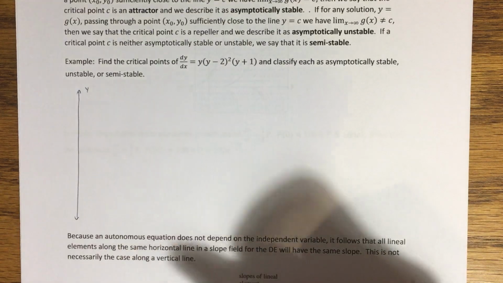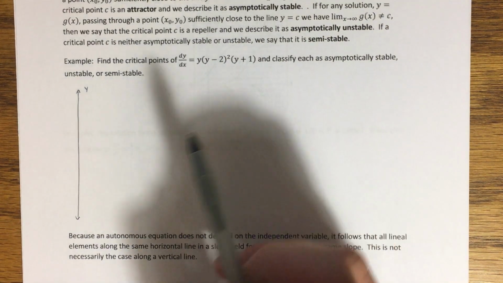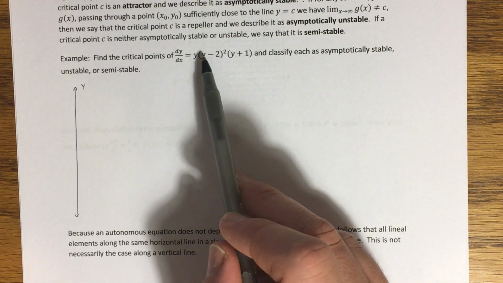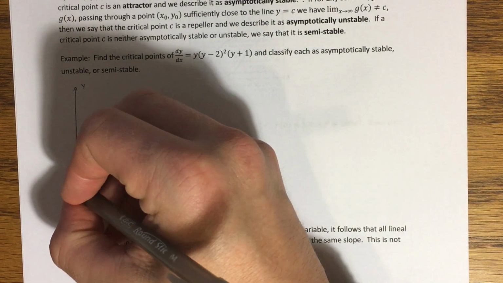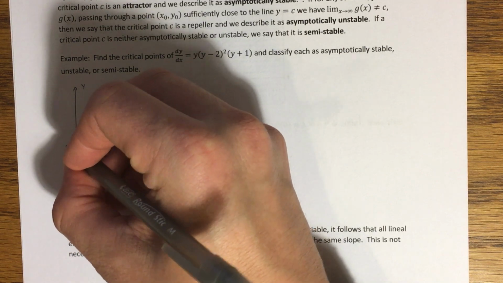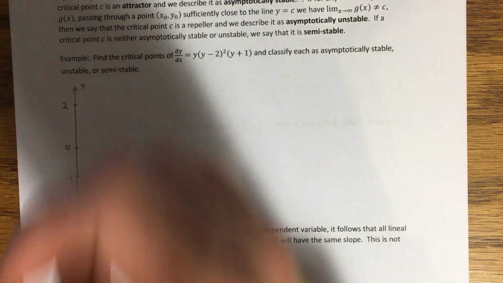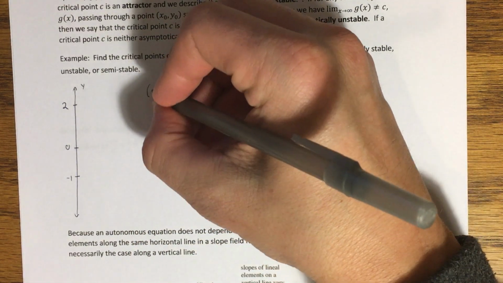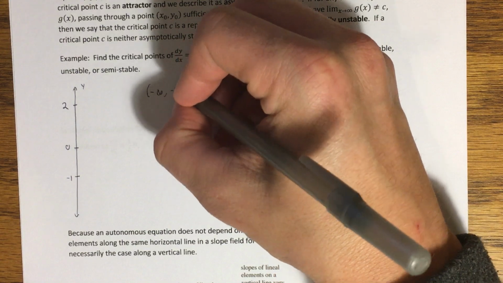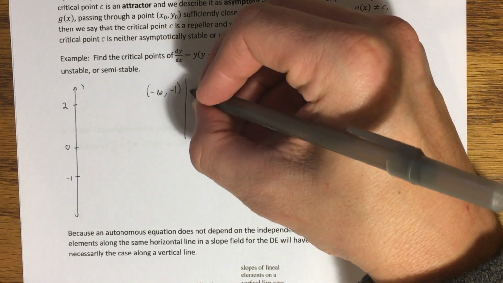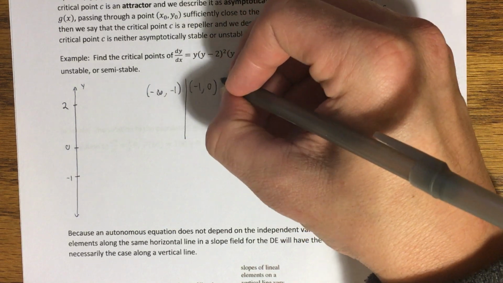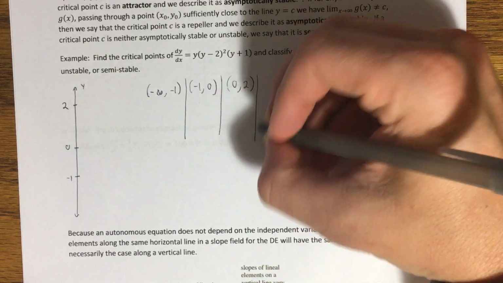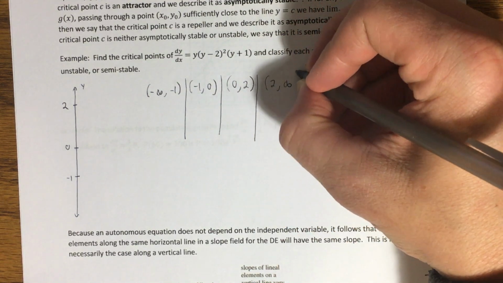Here's my phase portrait. This is the y-axis. I can see from this function, because it's conveniently factored already, that the zeros of this slope function would be 0, 2, and -1. So I'm going to put those here: -1, 0, 2. What that does for us is create 4 subintervals that we can look at: negative infinity to -1, -1 to 0, 0 to 2, and then 2 to infinity.